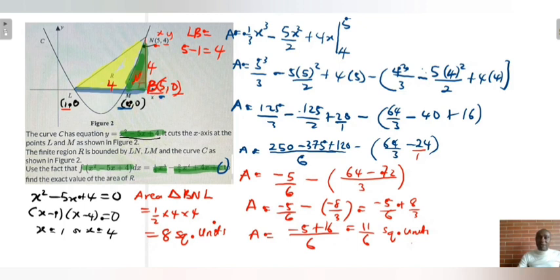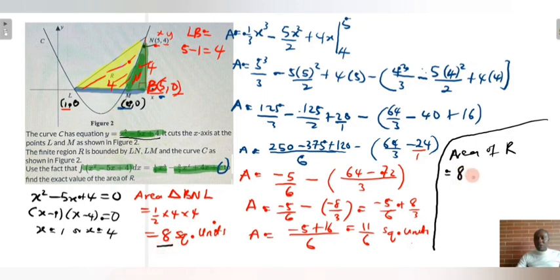And you know that this area is part of the area of the triangle that we just calculated. So to get the area inside of this, we have to subtract this one out of it. Let me just work that out. So the area of the shaded region will then be equal to, we calculated the area of the whole triangle as 8. So that will be 8 minus 11 over 6. When we work this out, we can find the LCM, 6.